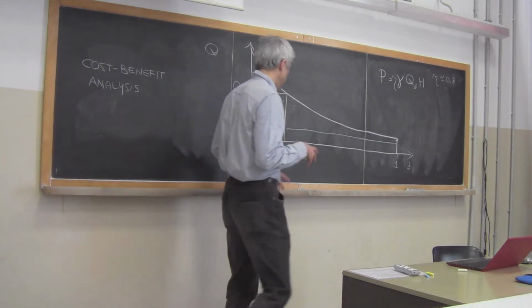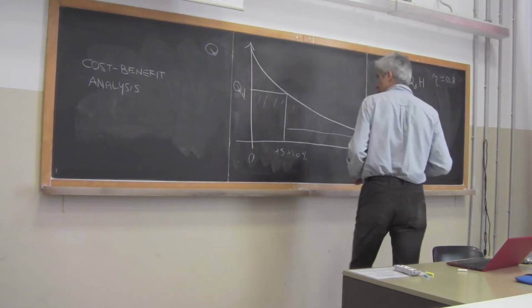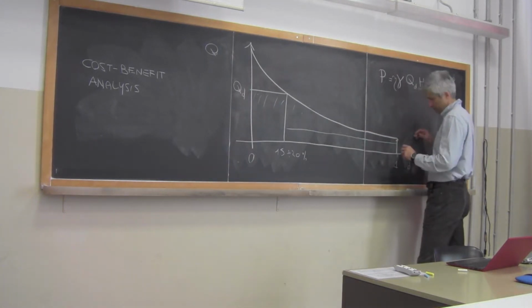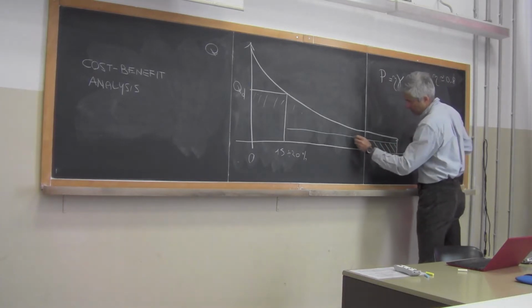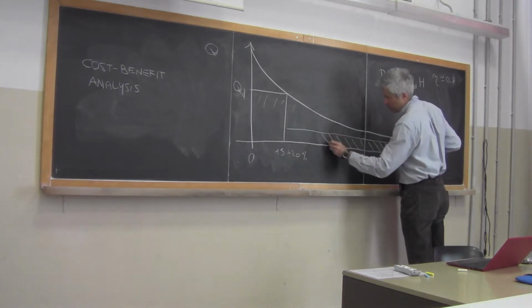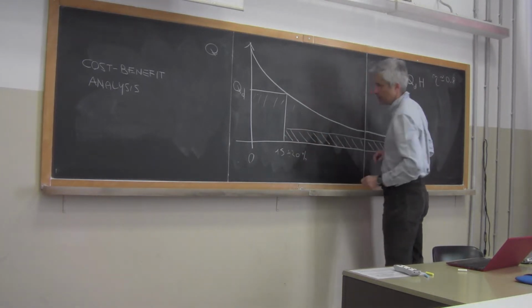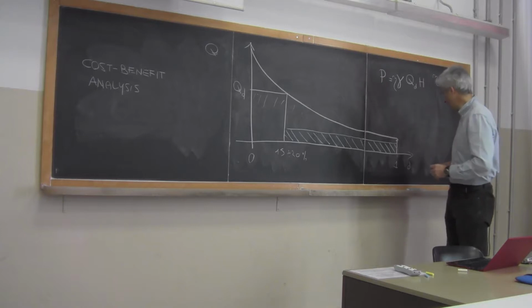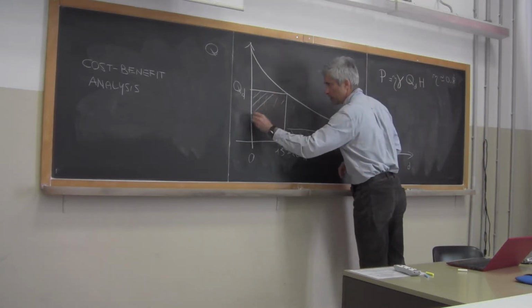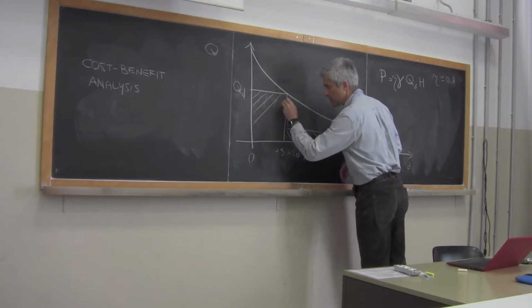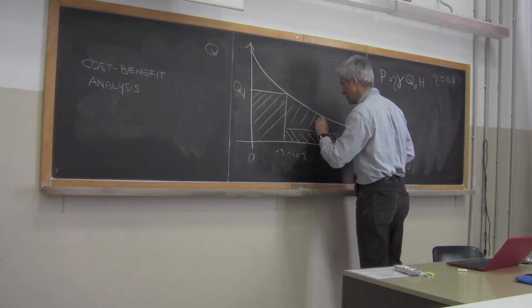So basically, I may say that I need to subtract from the total this part. And then what remains here is the volume that can be taken, in orange.